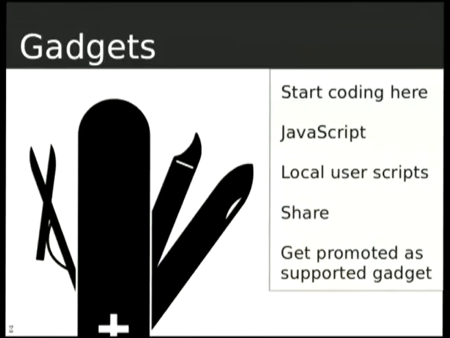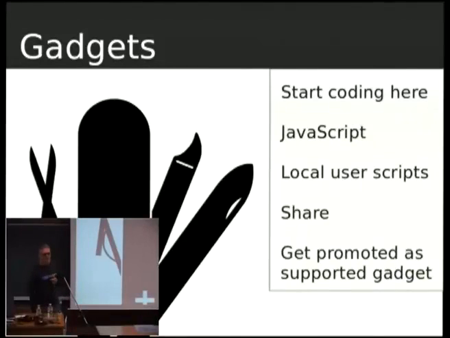Okay, so now let's go to code development. There's different opportunities for software developers. I will start with what we call gadgets, because it's probably the easiest entry point. So we're talking about JavaScript, and you can start with something as easy and actually with a clear impact as a user script.